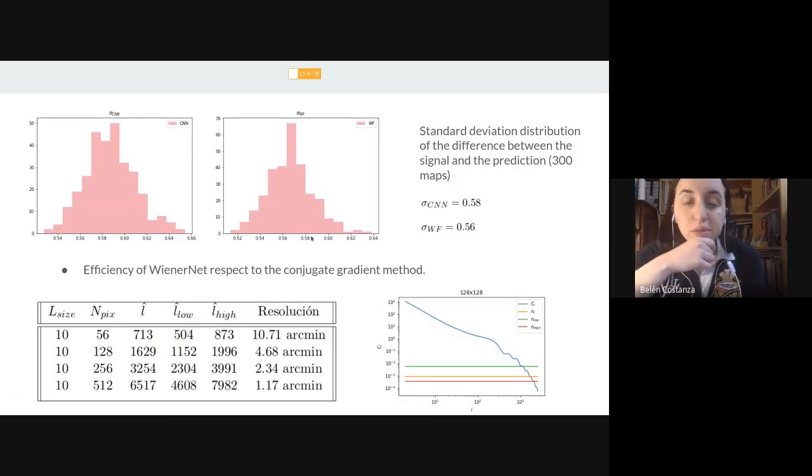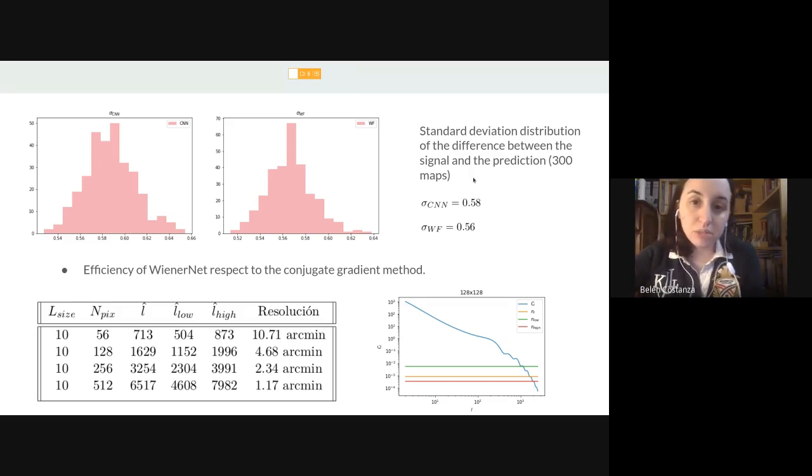Then we calculated the standard deviation distribution of the difference between the signal and the results of making the Wiener filter with the neural network WienerNet, and making the Wiener filter with the conjugate gradient method, for 300 maps.